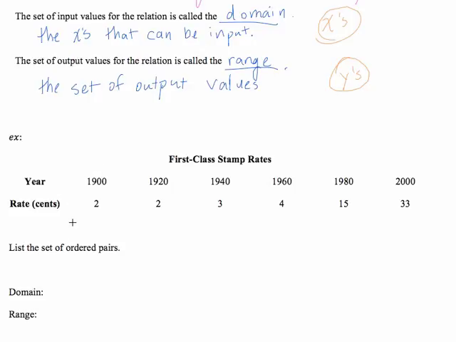First, let's look at the set of ordered pairs. This is an ordered pair right here. When x is 1900, let's call that x, and y is 2. So the pair (1900, 2) is an ordered pair for this relation. Because we're listing a set, it's typical to put it inside curly braces.